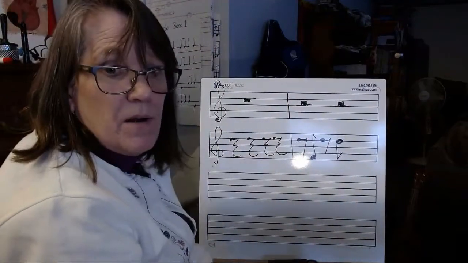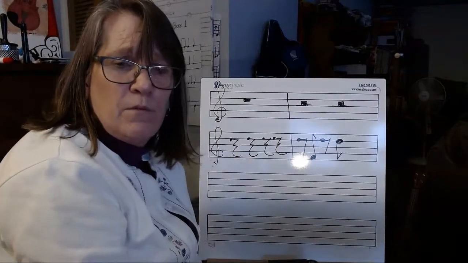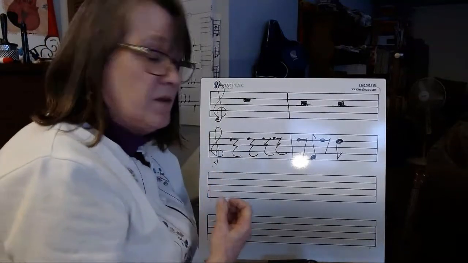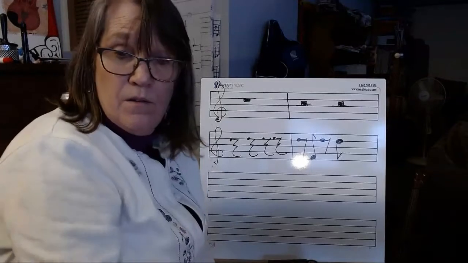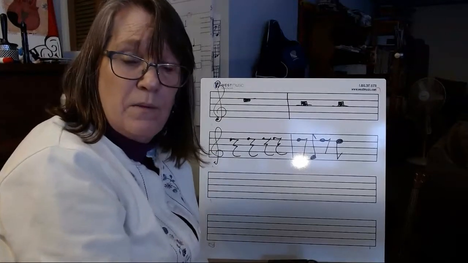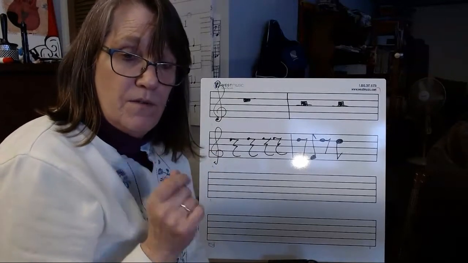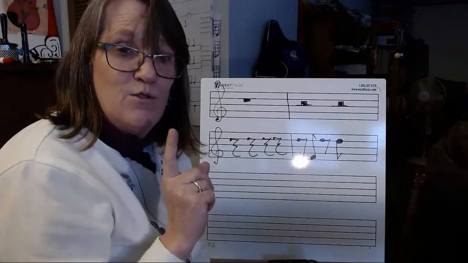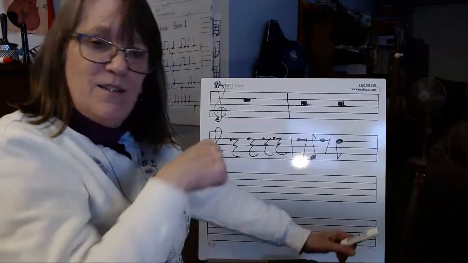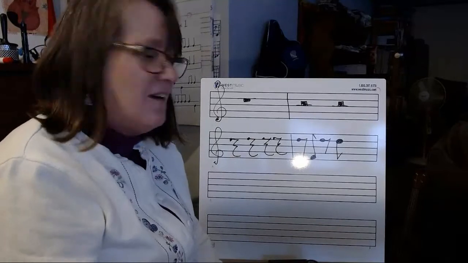Oftentimes they're just like a breath, like with a recorder would be a time where you would take a breath. And 16th note rests have the same kind of thing. They break up rhythms and give you a chance to either use your tongue or take a breath or take the bow and do something different.